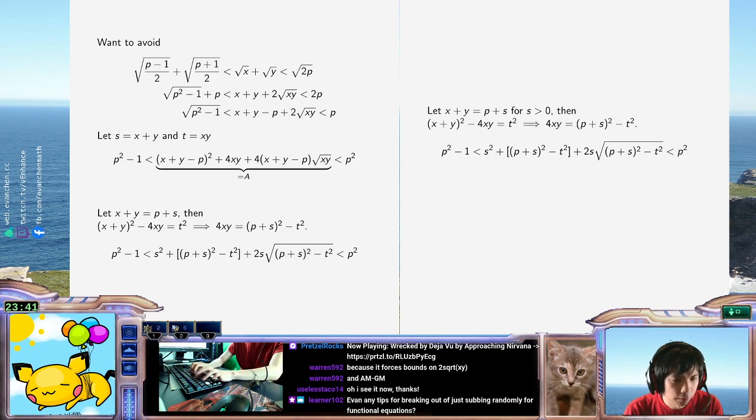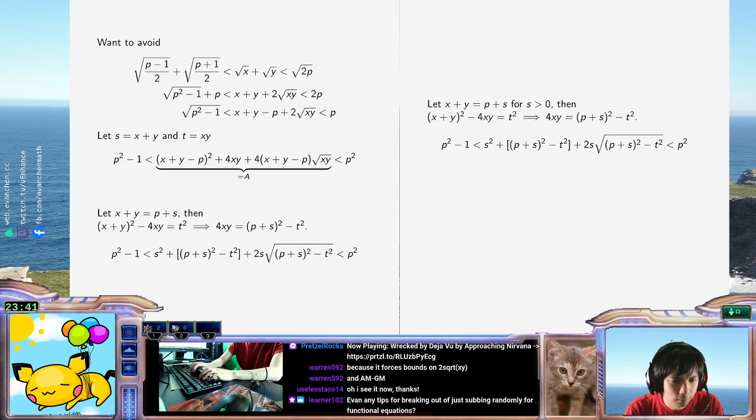Any tips for breaking out of just subbing randomly for functional equations? It depends on the functional equation, I think is the right answer.